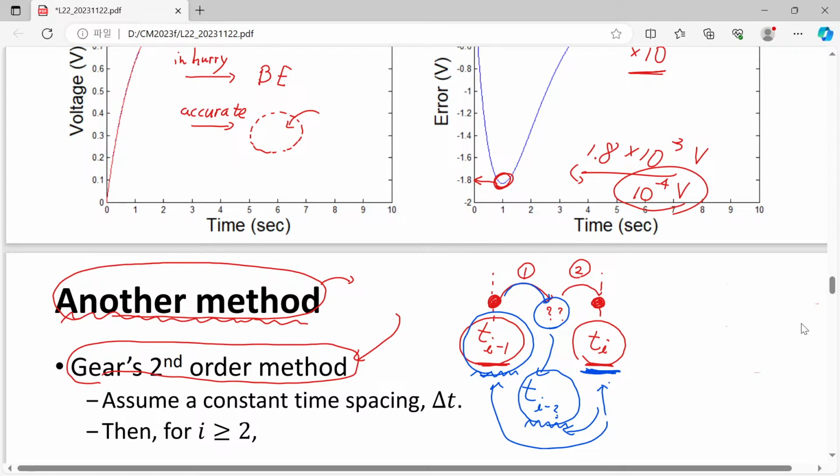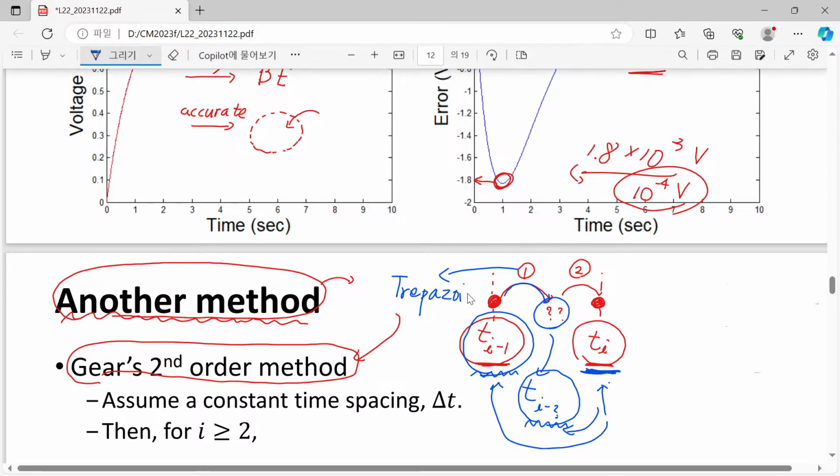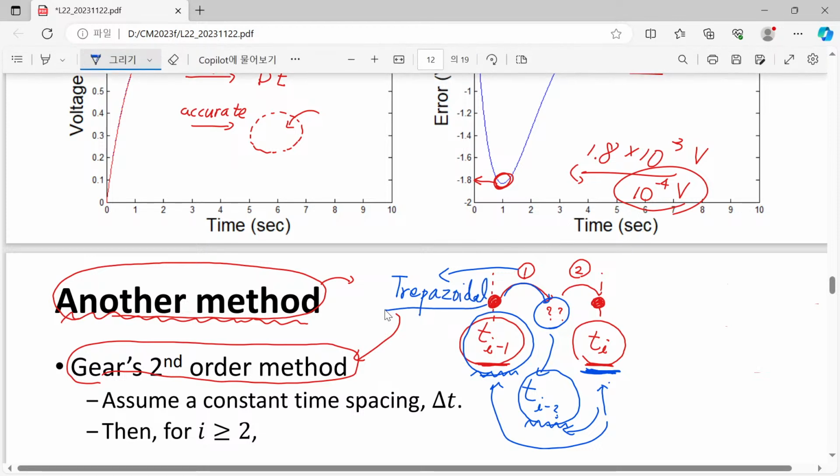Within a single time interval, they intentionally introduce an intermediate step and apply two different methods. Simply speaking, for the first step they apply the trapezoidal rule, and for the second step they apply Gear's second order method.